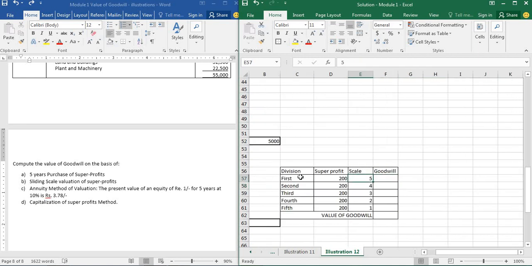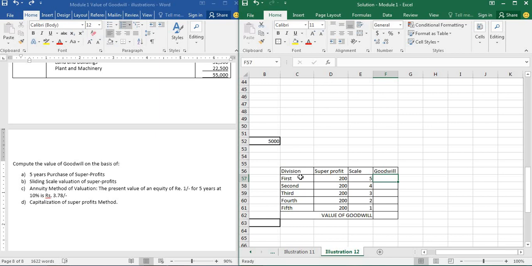Now we will multiply them on the basis of scaling, and we are going to do the grading scale on the basis of diminishing values. We assume that if a company is making super profits, they will not be able to make super profits for a long period of time. They might be making super profits because of some peculiar value which they offer to the customers.